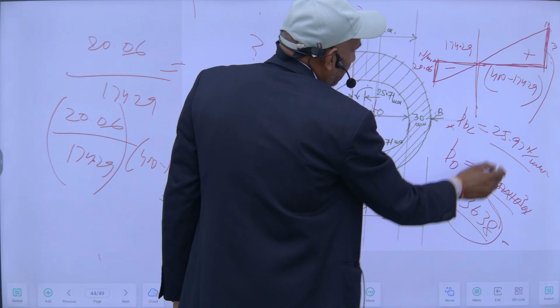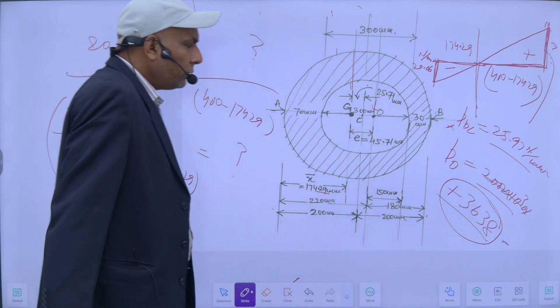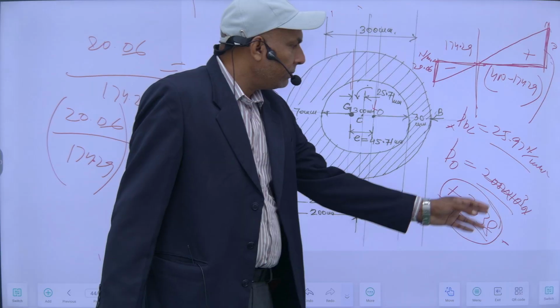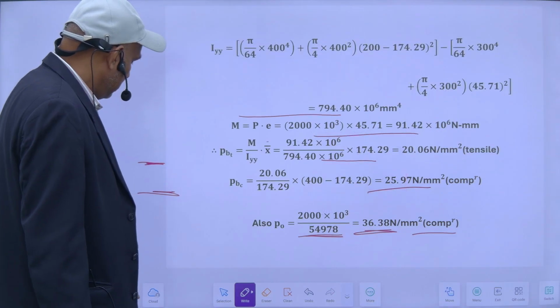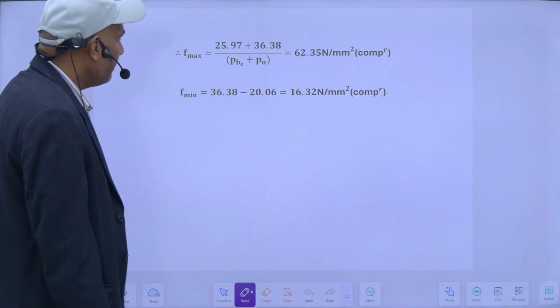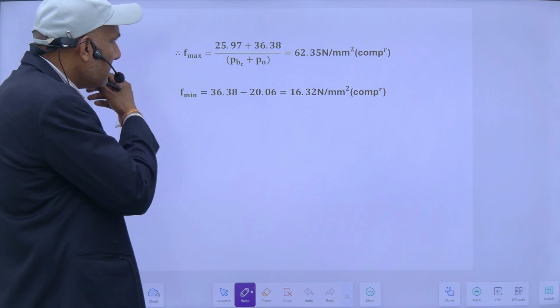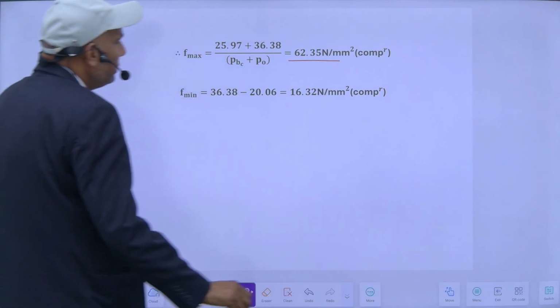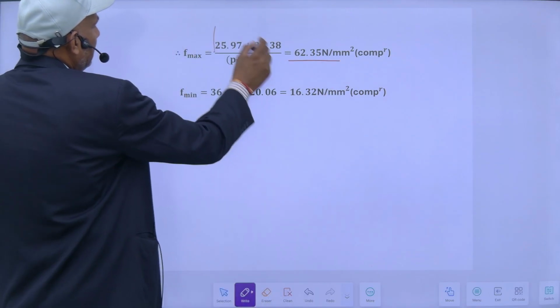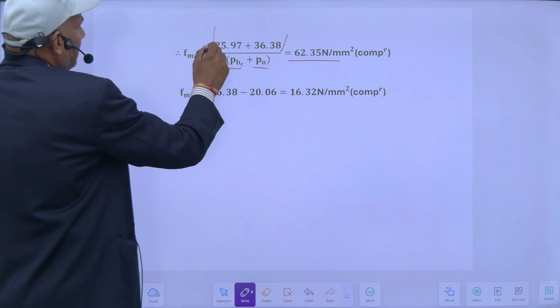When I put them together, this will be 62.35 Newton per mm square. This is my bending compression, and this is due to direct stresses.